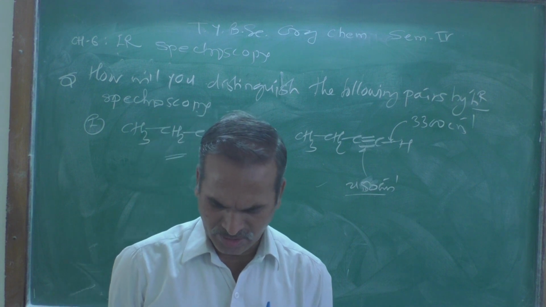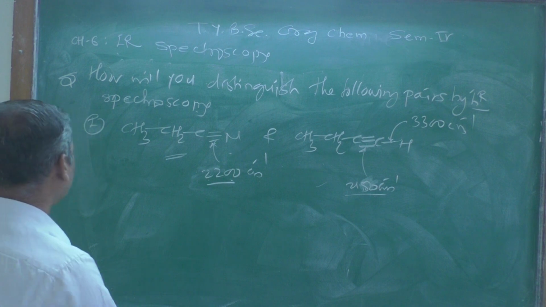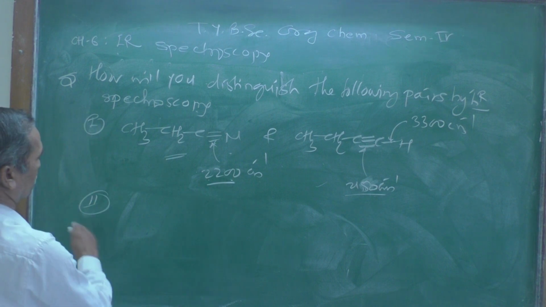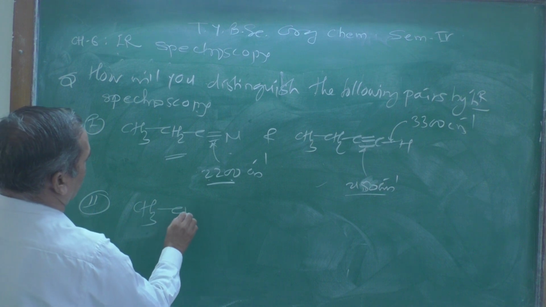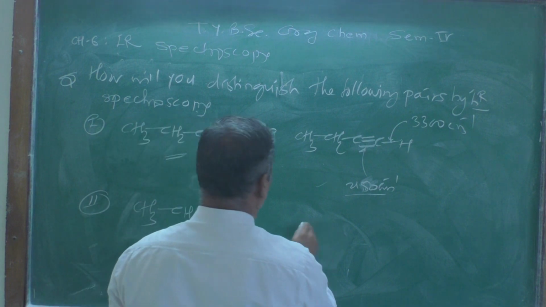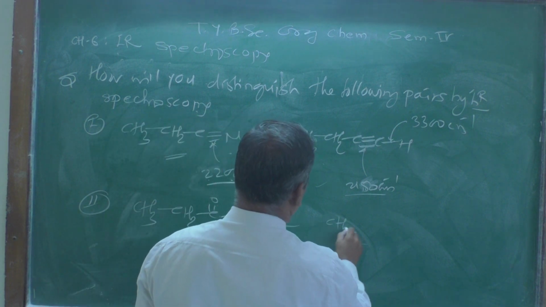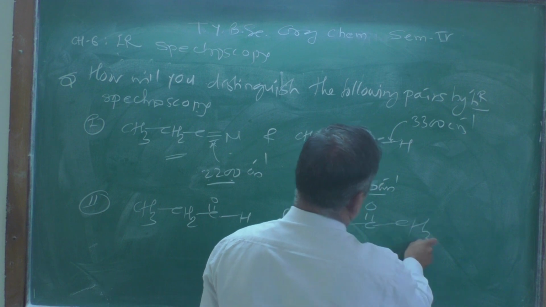Another pair may be one of the simplest ones, the second one, which is this one: CH3, CH2, C double bond O, H, and another one is CH3, C double bond O, and the C6H5.